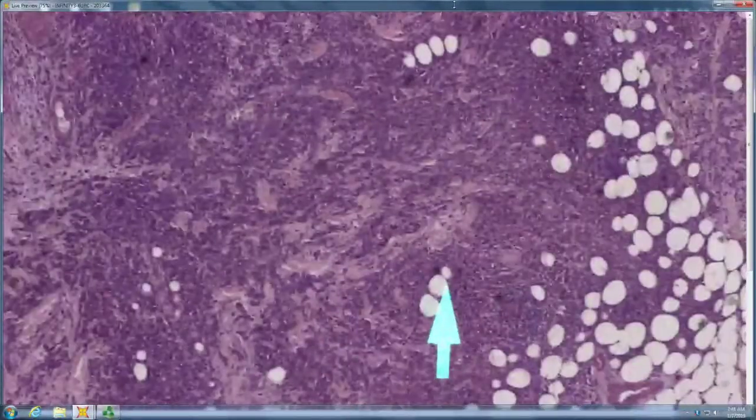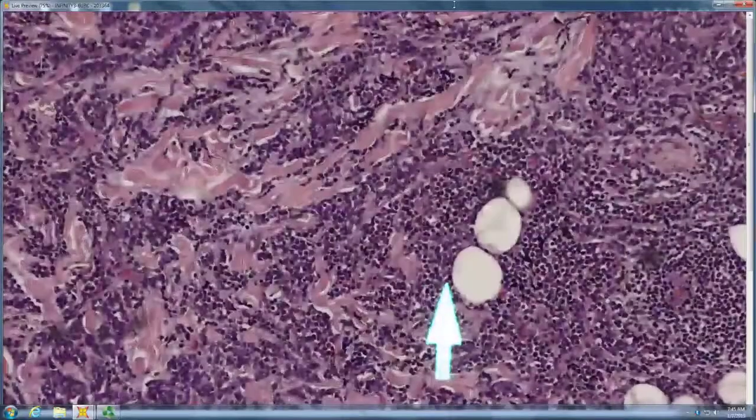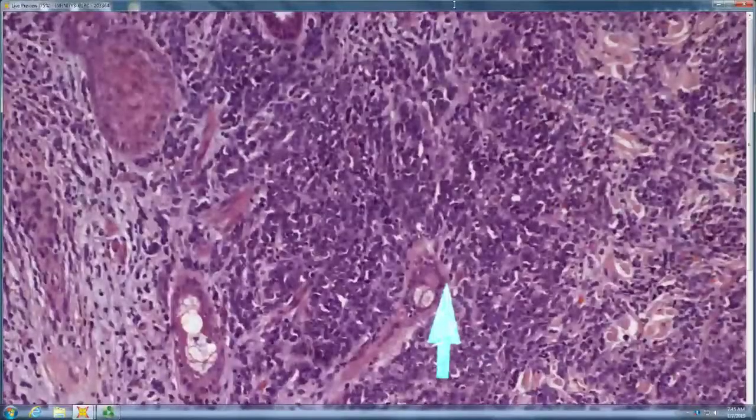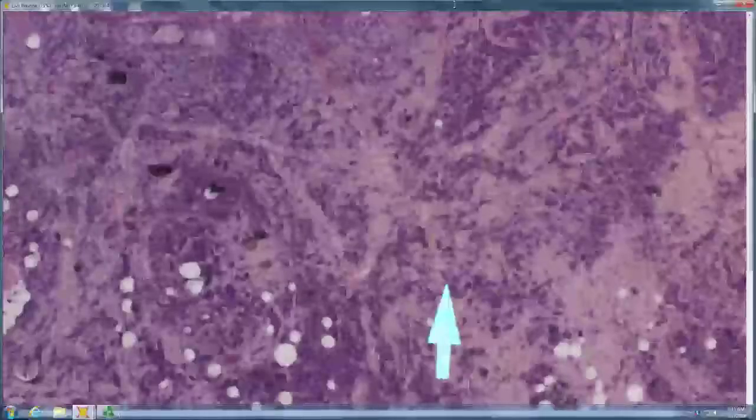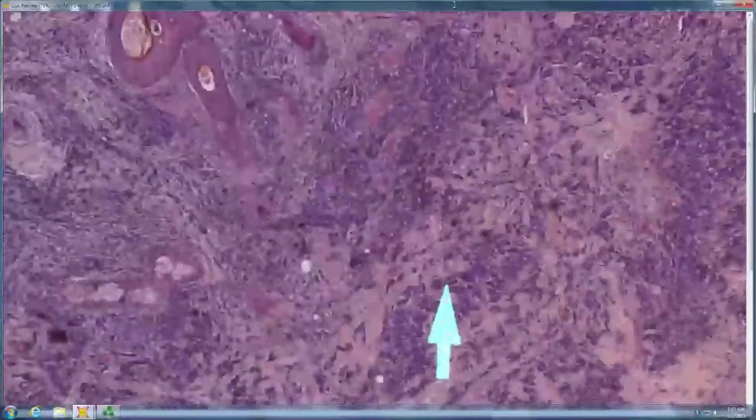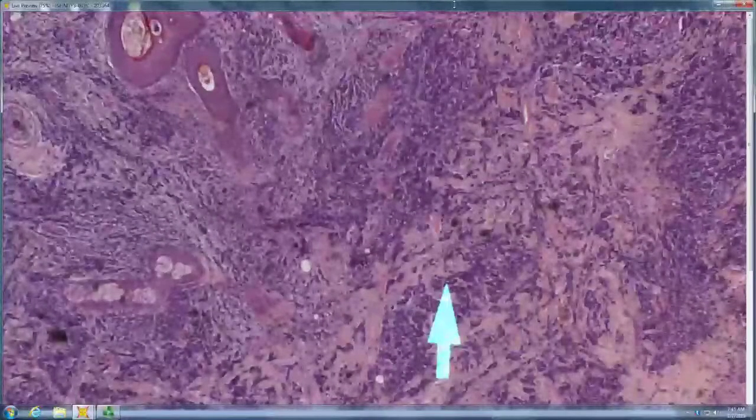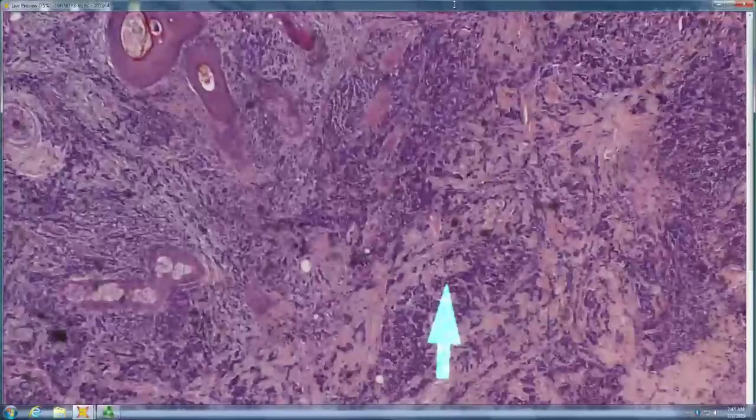So we have a blue tumor, and this one is not so clearly trabecular in pattern, right? So give me a differential for this kind of tumor. We have the LEMON mnemonic: lymphoma, neuroblastoma, melanoma, Merkel cell.